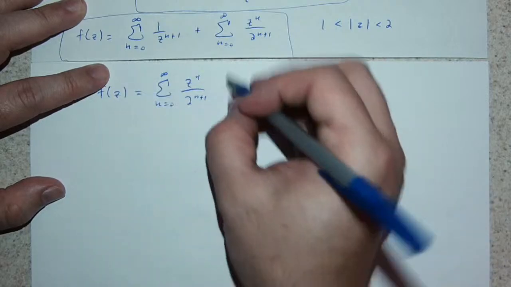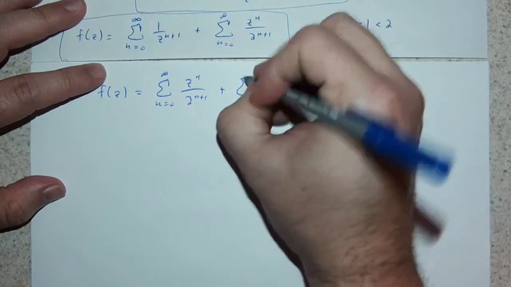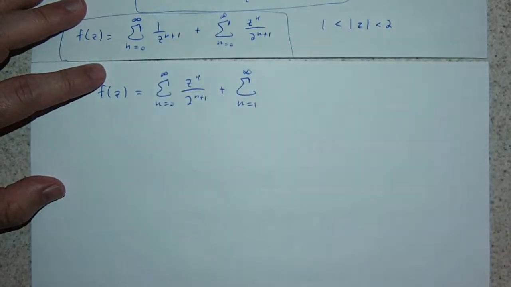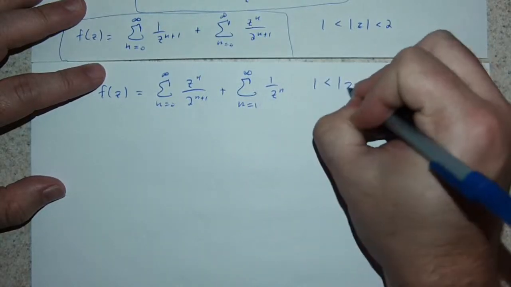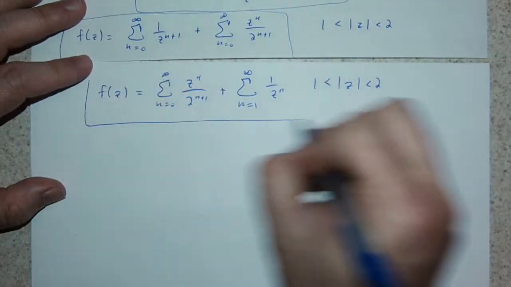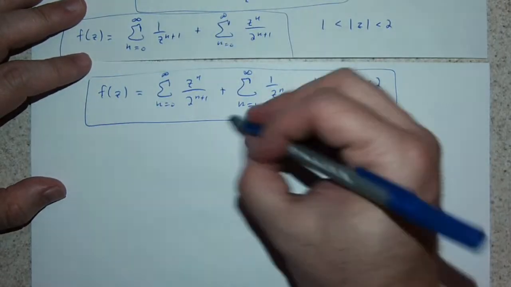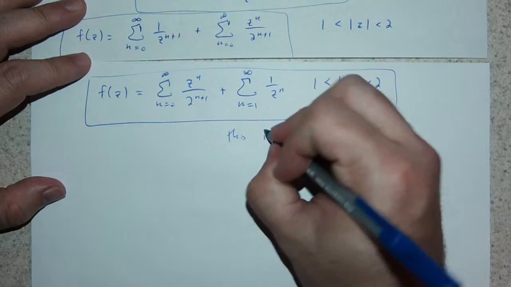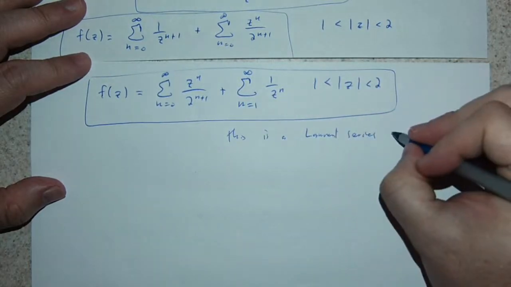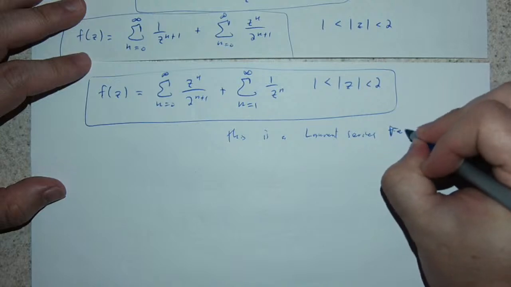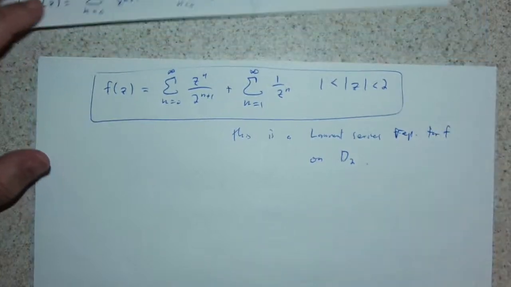Then what happens is that this series shifts and now starts at n equals 1 to infinity, and this is 1 over z to the n, right? Purely from just shifting the index. And so now this is exactly a Laurent series, right? So this is a Laurent series representation for f. This is the Laurent series representation for f on this domain D sub 2.